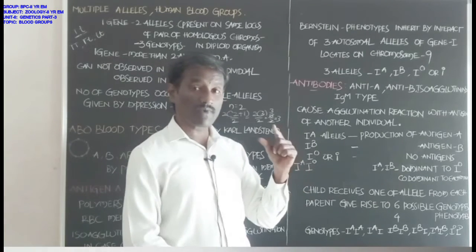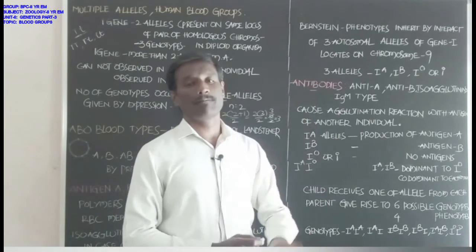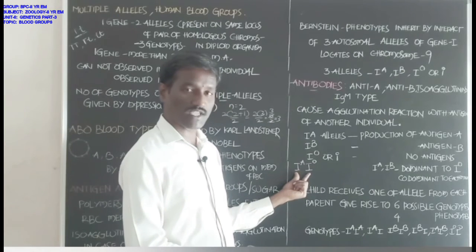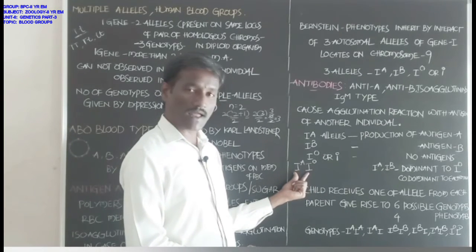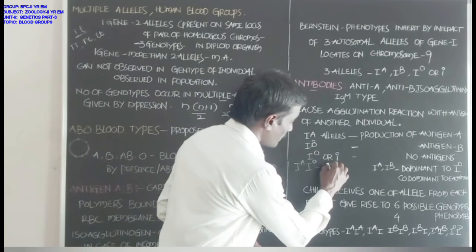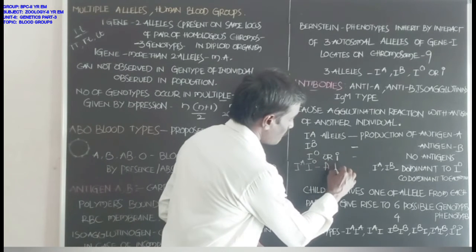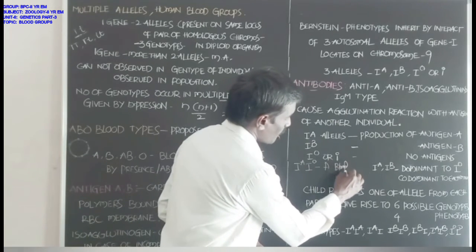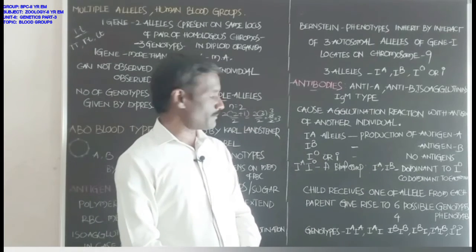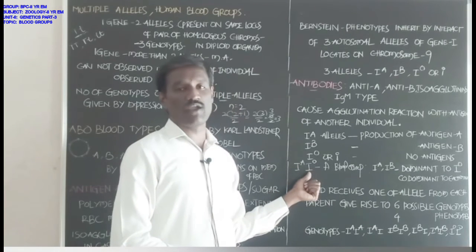In these two alleles, which blood group is shown by the individual or child? Student, the individual shows the A blood group, because IA is dominant to IO.